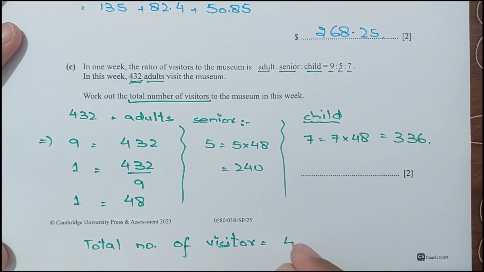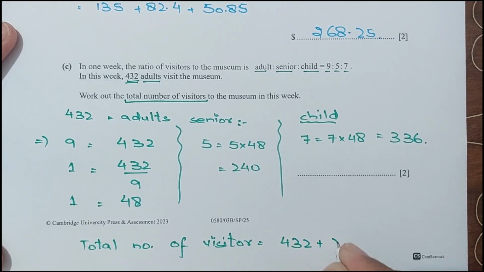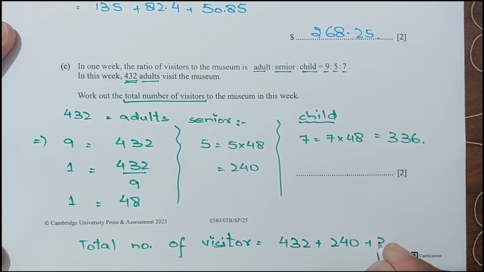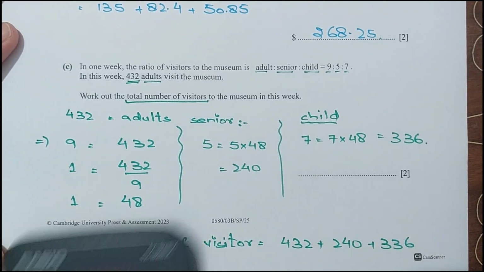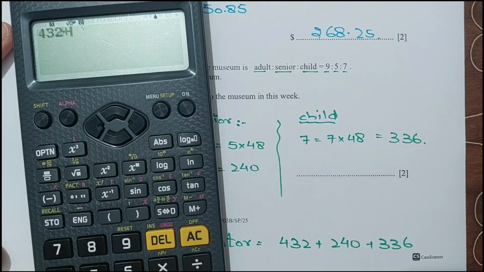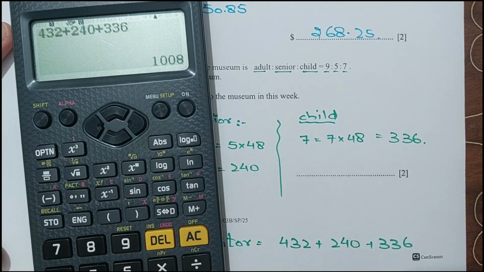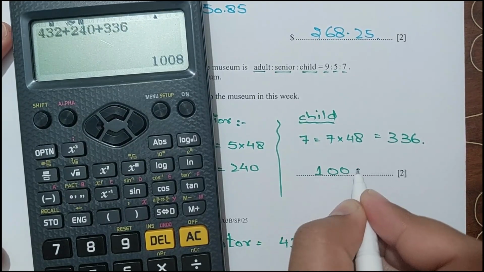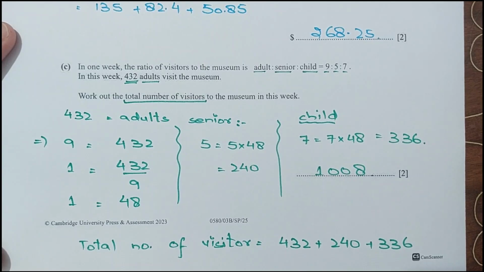So adults are 432, seniors are 240, and child are 336. 432 plus 240 plus 336, 1008 is the total visitors.